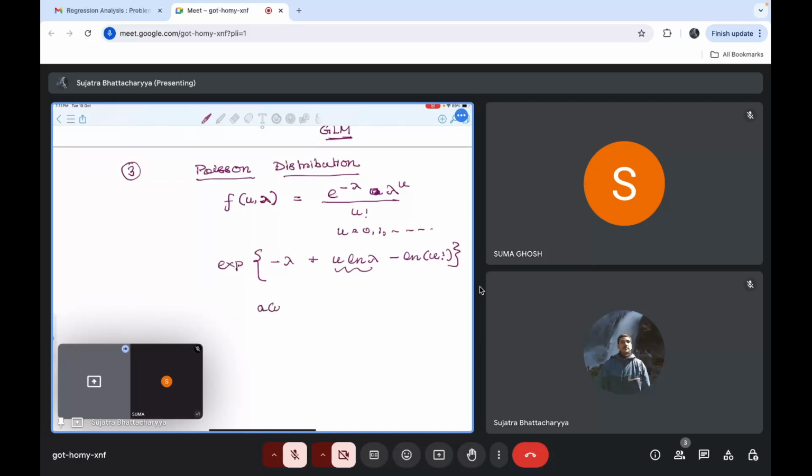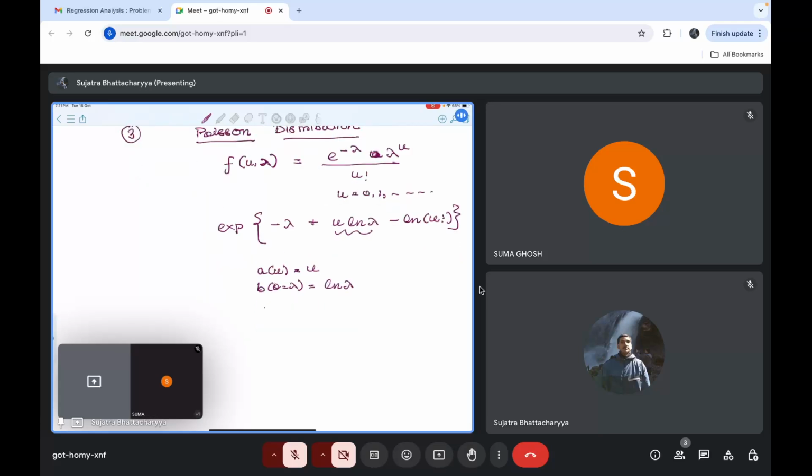So let's look at this part. You can write A of u as u, B of theta, where theta is lambda, is log of lambda. C of theta, again theta is lambda here, is minus lambda, and D of u is nothing but minus log of u factorial.